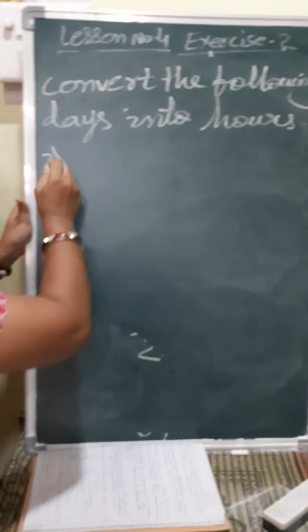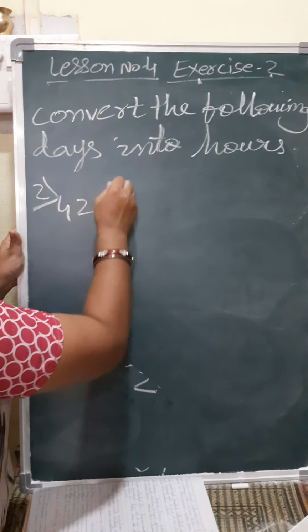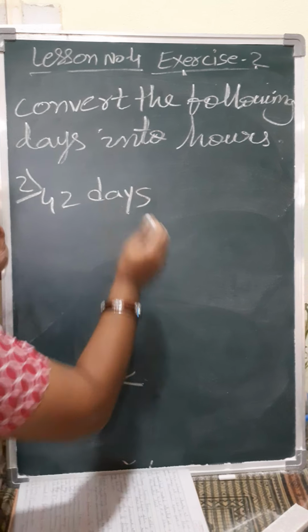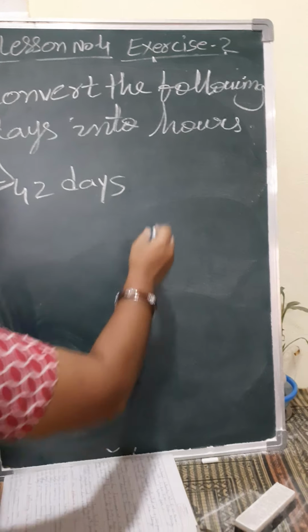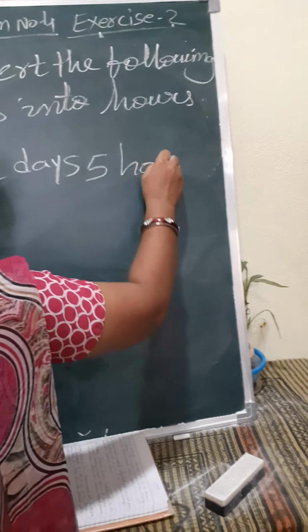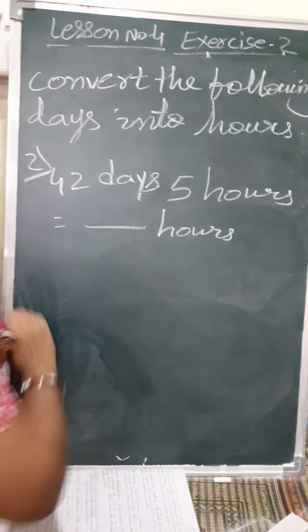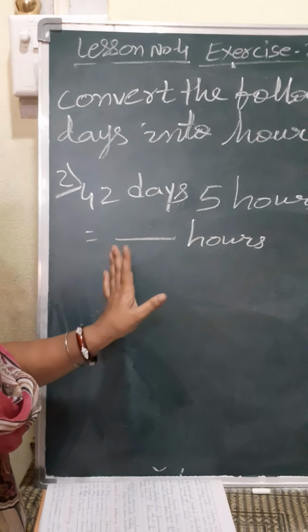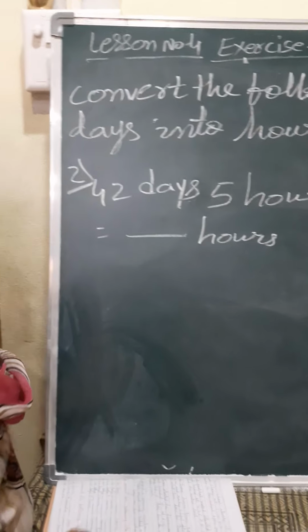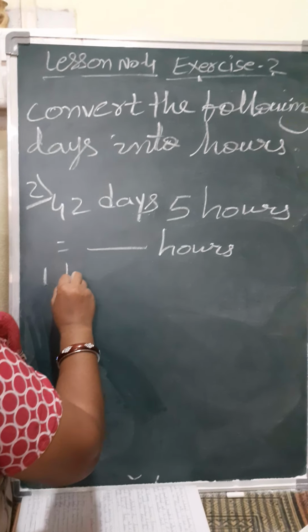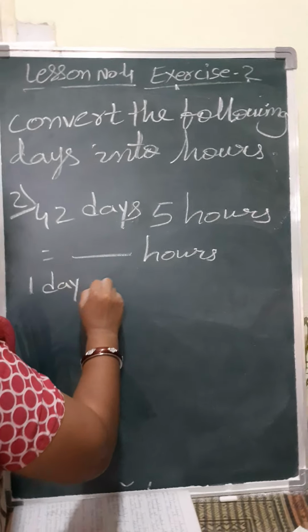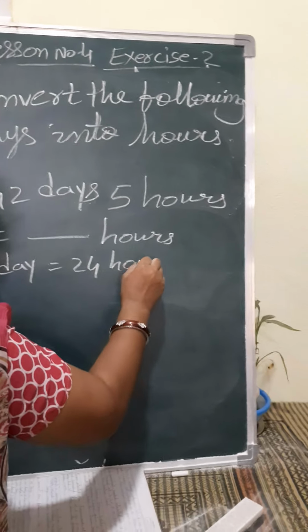This type of question will be given: 42 days 5 hours equals dash hours. We have to convert into total hours. In the same way, one day equals 24 hours.